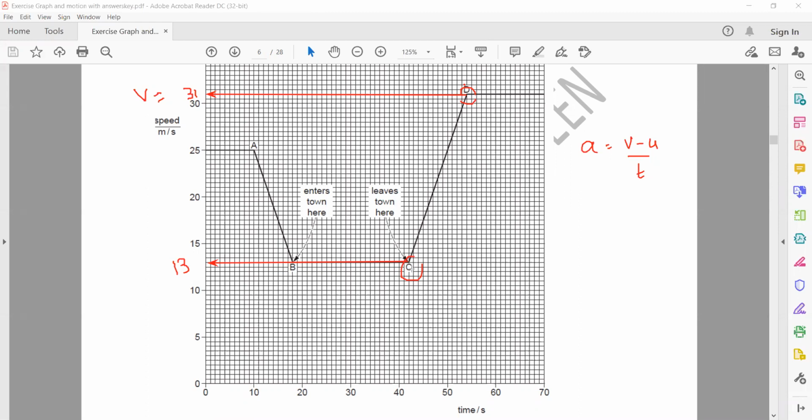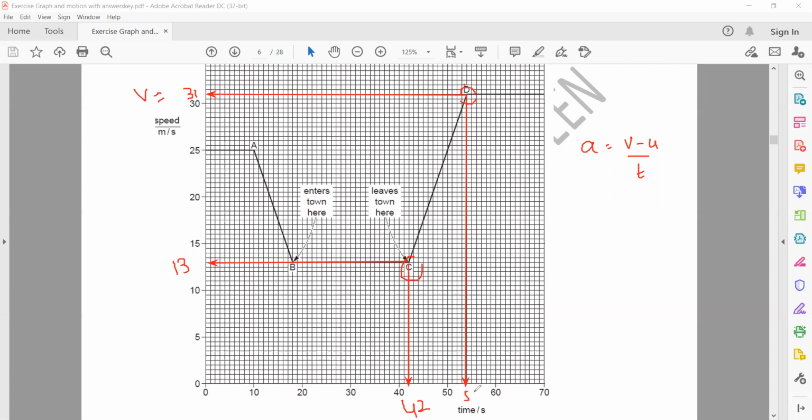And what about the time interval from C to D? When it is at C, the time is 42, and when it is at D, the time is... and you have to show all this working on your graph as well. So this is 42, and here 51, 52, 1, 2, 3, and 4.